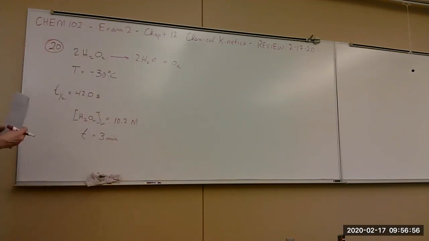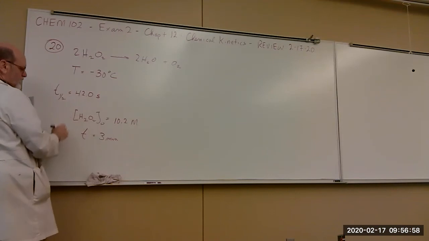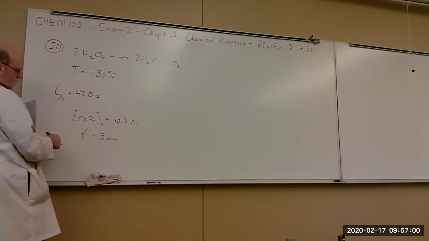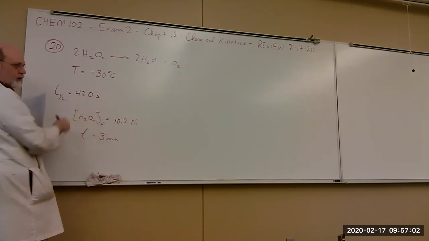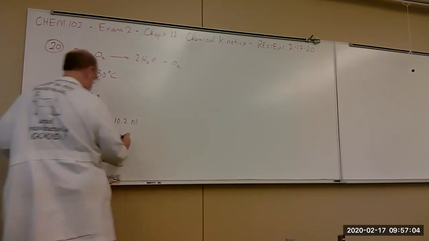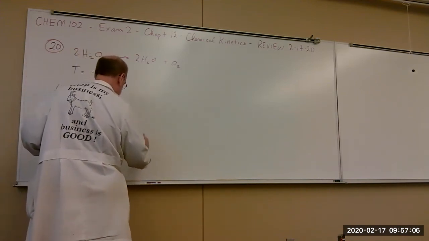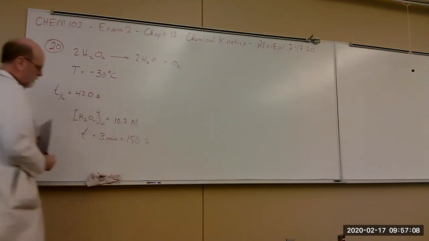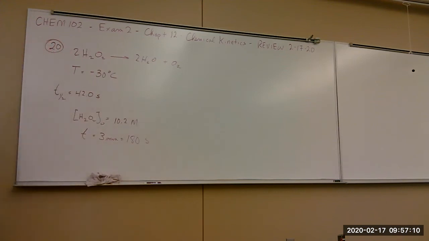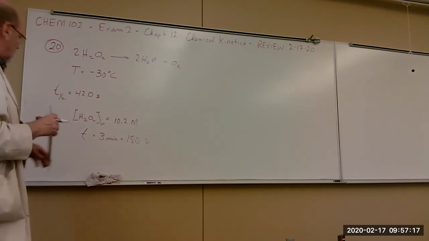Okay. So since this is in seconds, I think it'd be simpler to convert this one to seconds. This is equal to 180 seconds. Okay. So that's the given information. Now we've got to find out what's left over after 3 minutes.